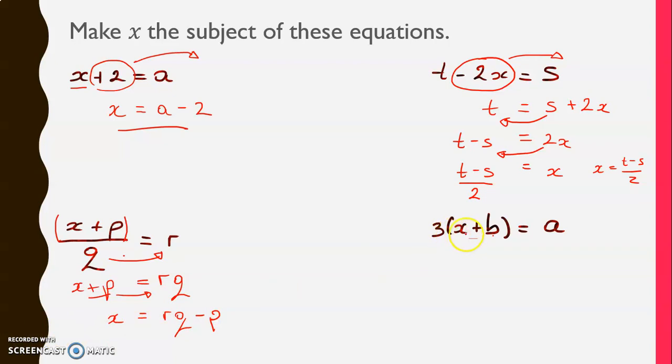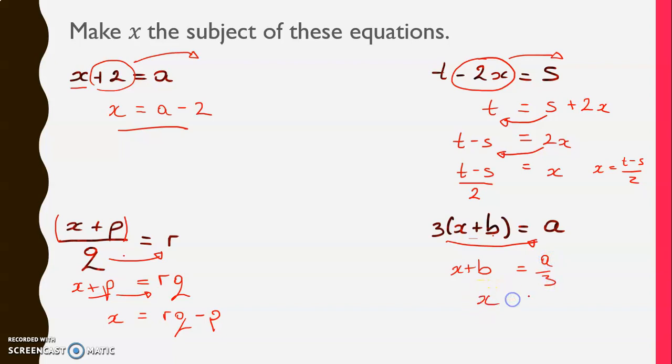In this last example, we can either expand the bracket or get rid of this 3, just move it to the other side, which actually is going to be much easier. So x plus b, the whole of x plus b is being multiplied by 3, so when we move 3 to the other side, whatever we have here on the right hand side will be divided by 3.